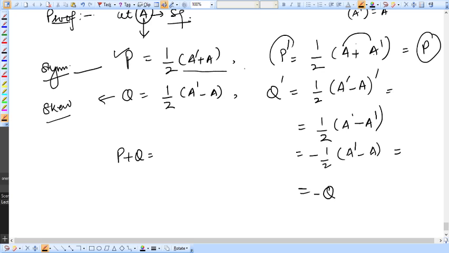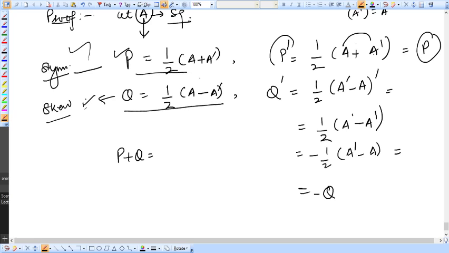You just do one thing, if you write it in this way, again the case will be the same. This would be a symmetric matrix and this would be Q skew symmetric, and then when you add these two matrices, you take Q equal to half of A minus A prime.